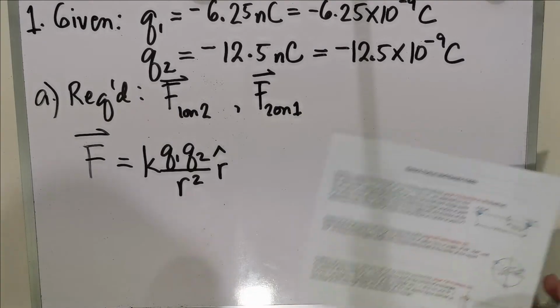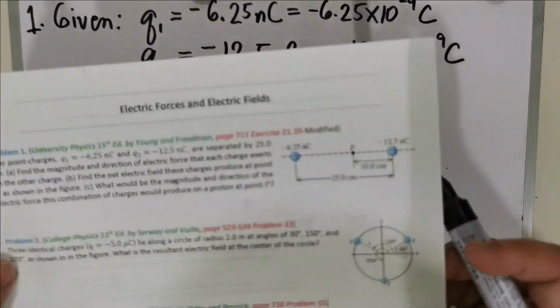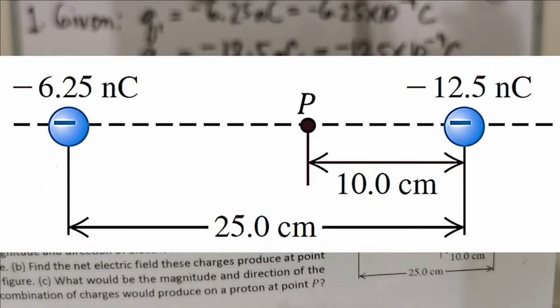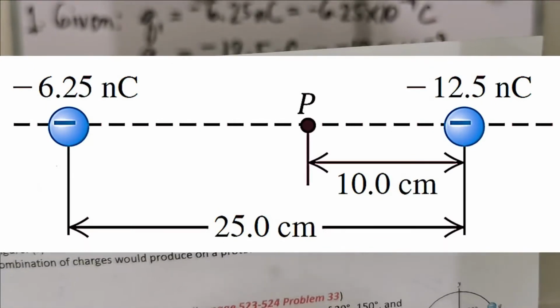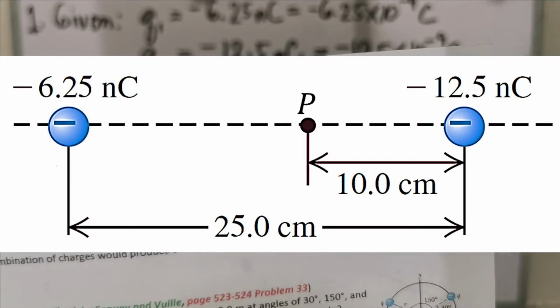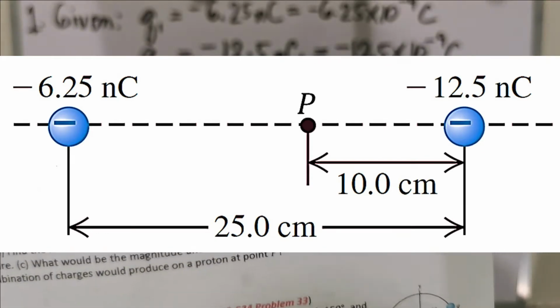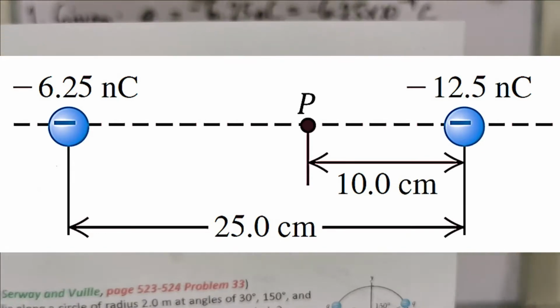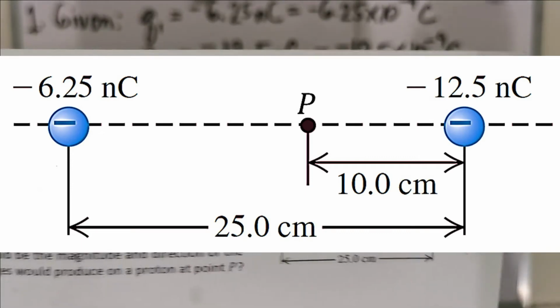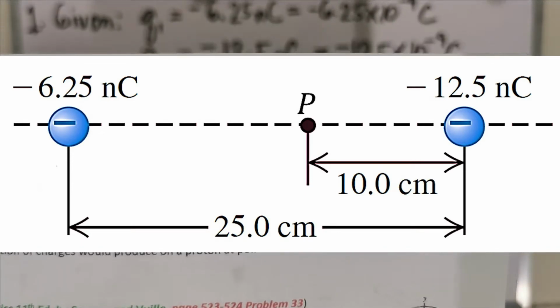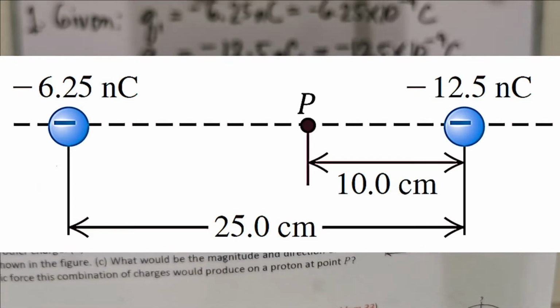If we try to visualize the problem, the two charges are separated by 25 centimeters, with Q1 on the left of Q2 and Q2 on the right of Q1. We can also assume that the line on which these two charges lie is the x-axis.